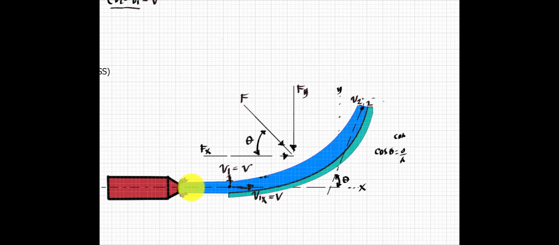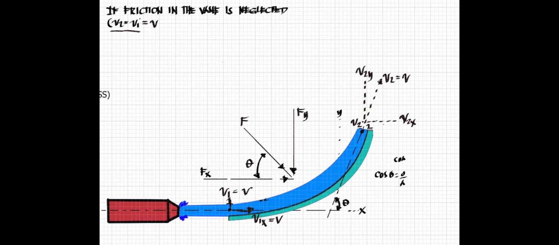Compare this to the velocity at point 2, where we have x and y components of velocity. We have your V sub 2, so this is V sub 2x. Then for the y component going up, we have velocity 2 as the y component, and the velocity 2 here is equal to velocity V.